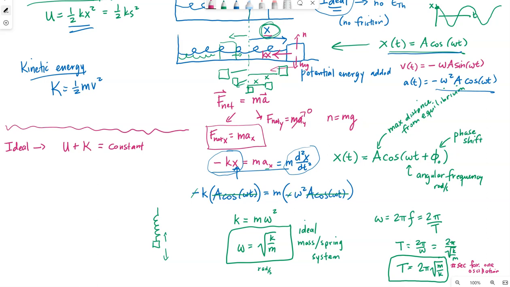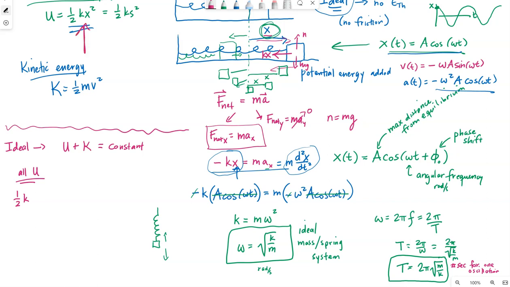So the total energy is constant. There will be times where the potential energy is all that we have. So for example, in my picture, when I said I pulled the mass to the right and I'm going to release it, well, if I pulled it to the right, that split second before I've released it, all of the energy is in the spring.